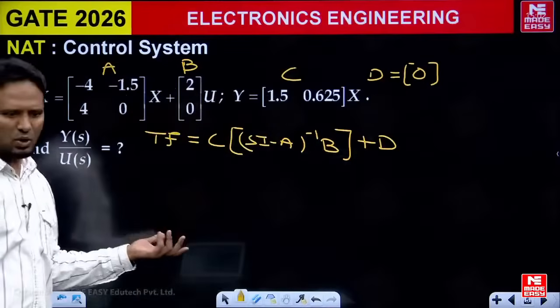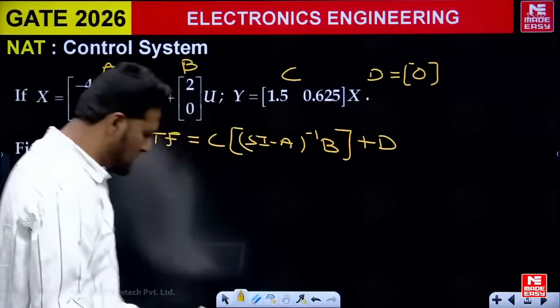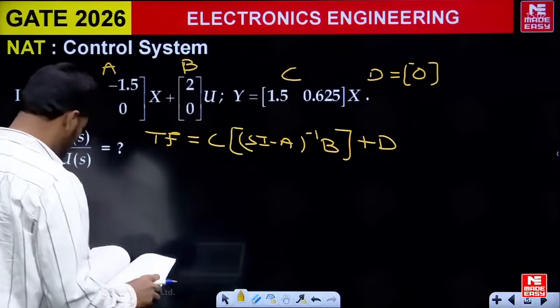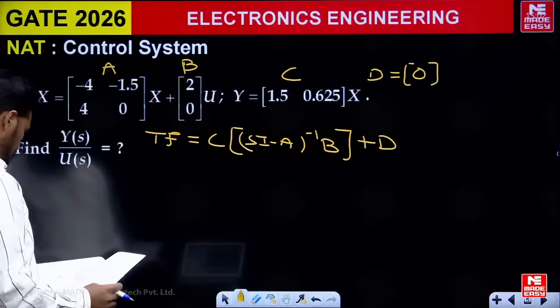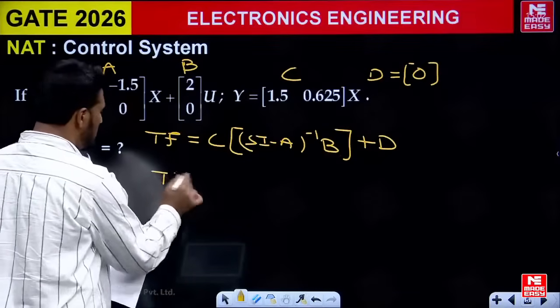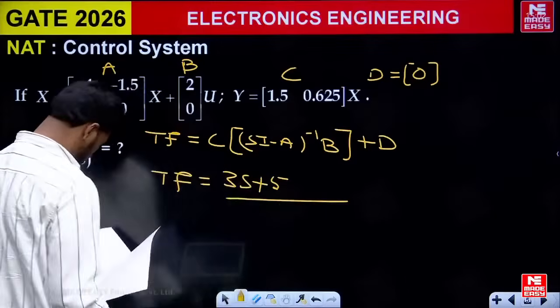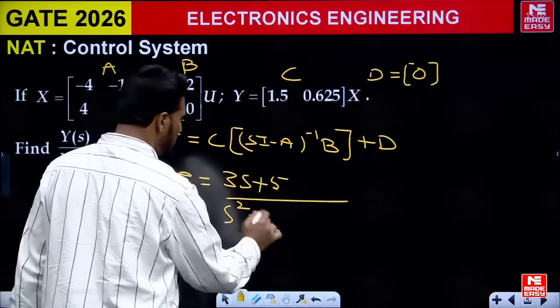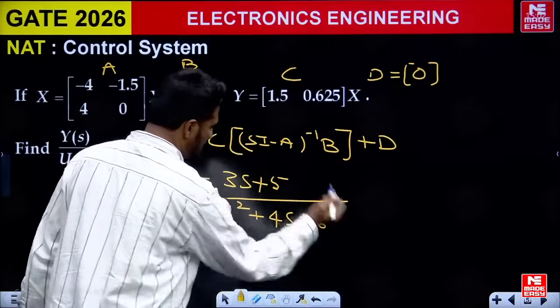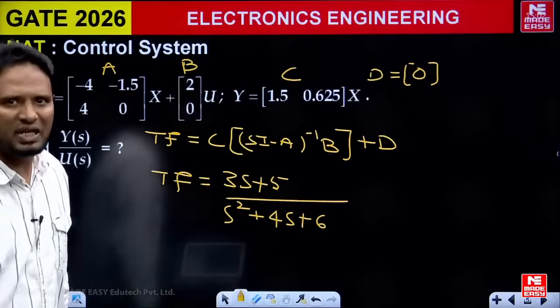Upon substitution and solving, after all the calculations, the transfer function becomes (3s plus 5) upon (s square plus 4s plus 6).